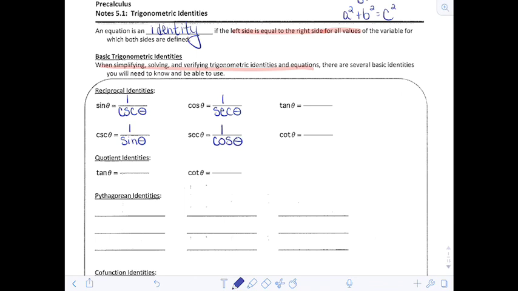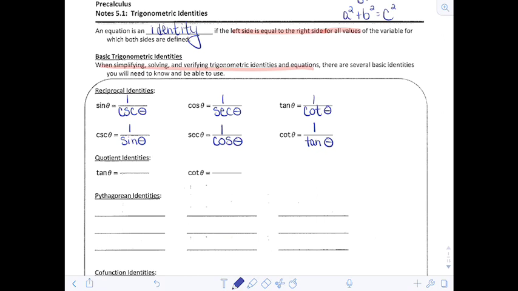And we know that the tangent of theta is 1 over the cotangent of theta, and the cotangent of theta is then 1 over the tangent of theta. And those are ones that we've already used in various examples in Chapter 4.